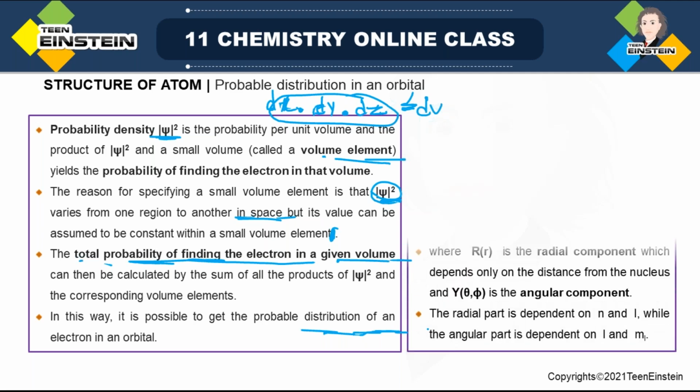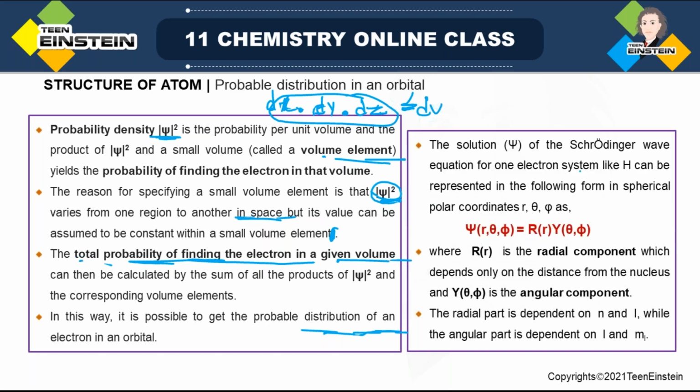Some more information for this chi, which we get from the Schrodinger wave equation. This is basically the solution of the Schrodinger wave equation for a hydrogen-like system. Until now we have said that the solution is chi, but this chi is a function of spherical polar coordinates.